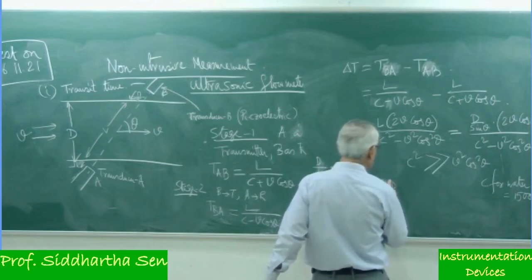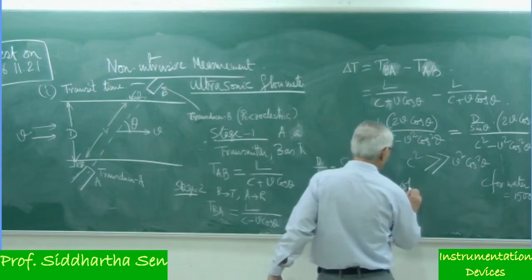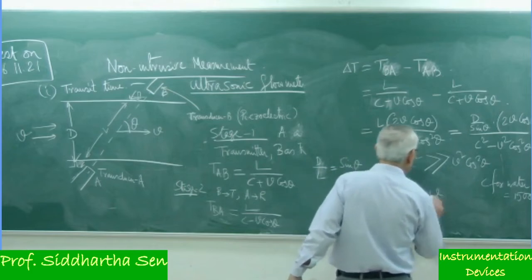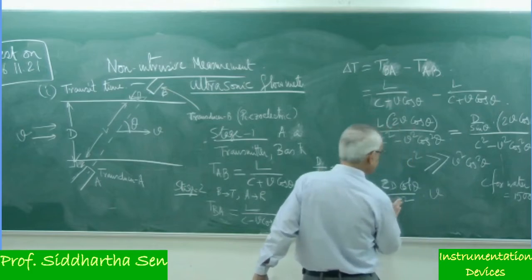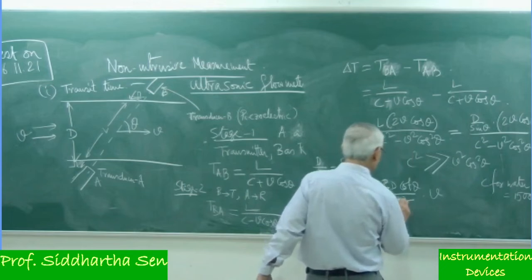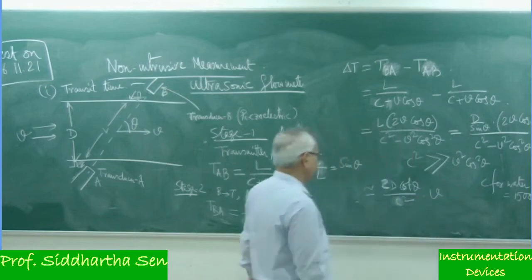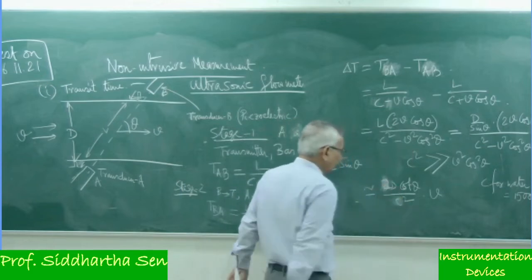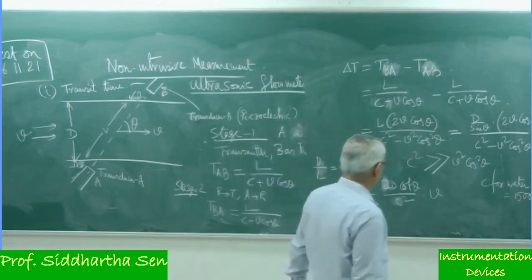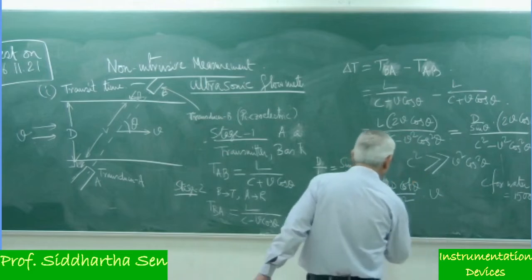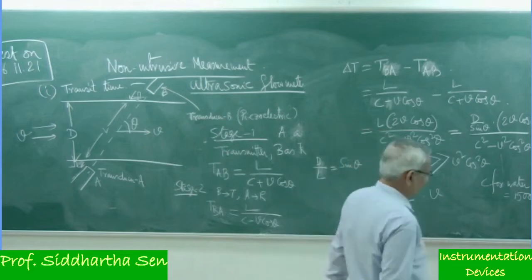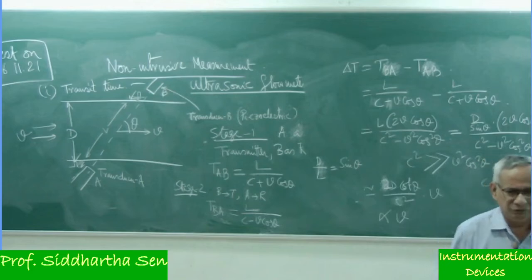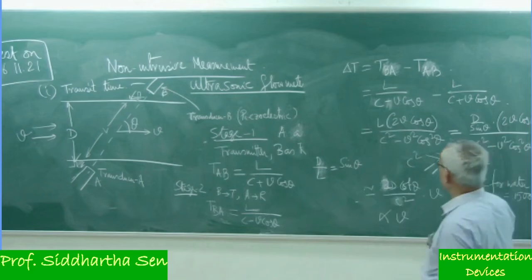So here it is 2d cot theta divided by c square, into velocity v, and this is proportional to v there. So we can get a good expression.